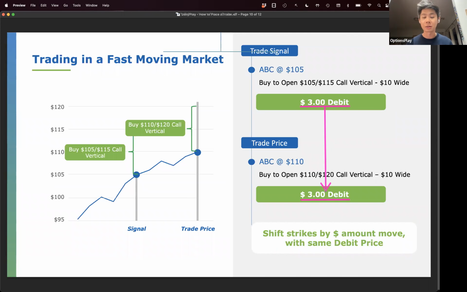We don't know how fast the market's going to move on that given day. But these are the ways that you can make small adjustments to the trade based on the trade signal that we send out. So remember, shift your strike prices based on how much the stock has moved. And when you do so, you generally can still trade them at the same limit price that we sent you.